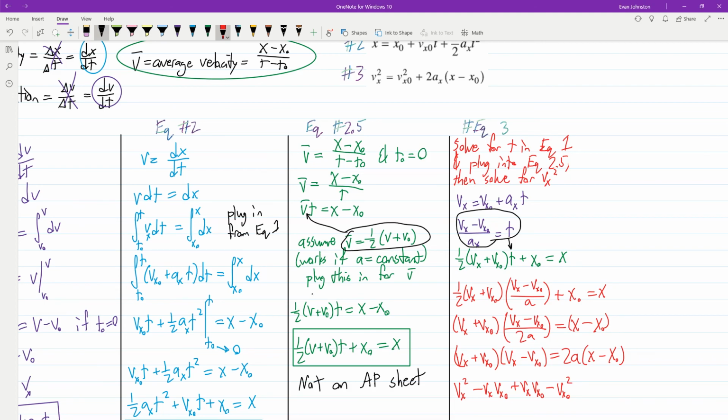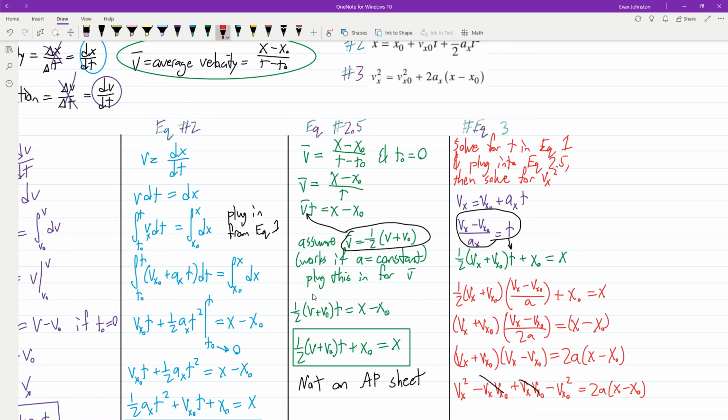So we can see pretty easily these two cancel out, they kill each other off, and we end up having 2 times the acceleration times our change in displacement.